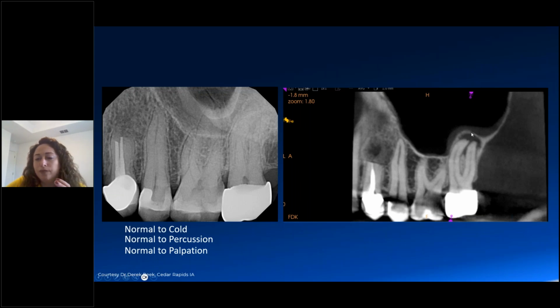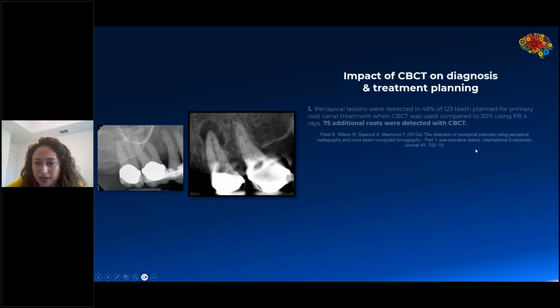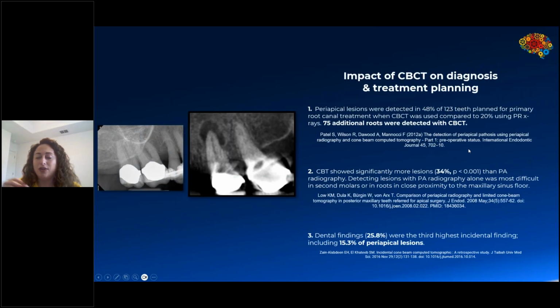So this is one of the underutilized applications, and the numbers also show that. You can see there are 2 papers. One was published in the Journal of Endodontics, another one in the International Journal of Endodontics, and they both try to determine the number of periapical lesions forming on 2D versus on 3D.